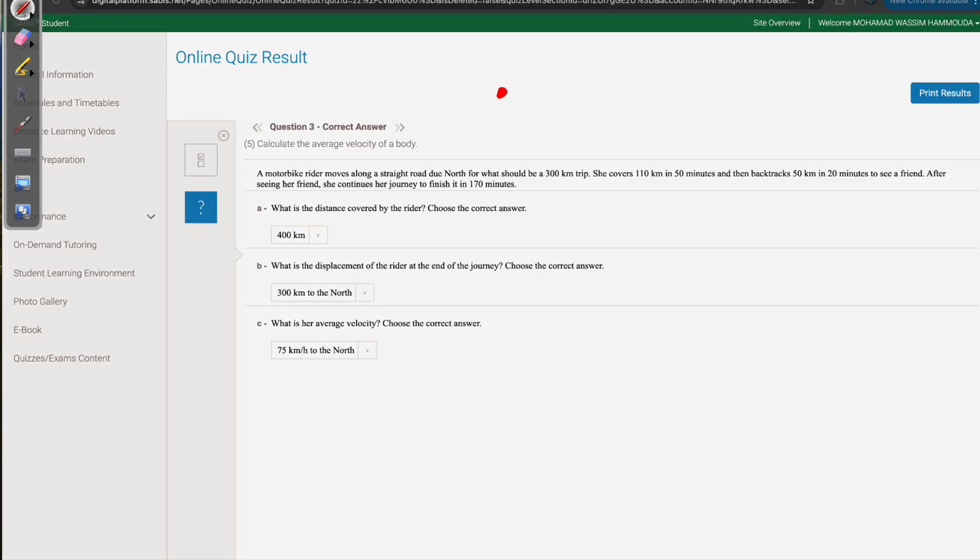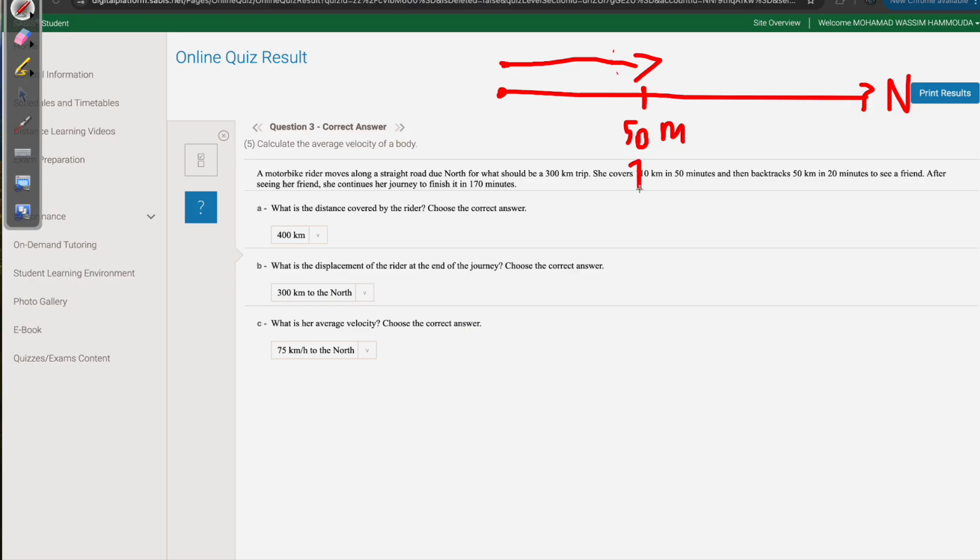First, let's start the graph. So here in this direction, which is north, she covers 110 kilometers. You can make it any length, but just for the sake of the video. So at this point, 50 minutes and 110 kilometers.